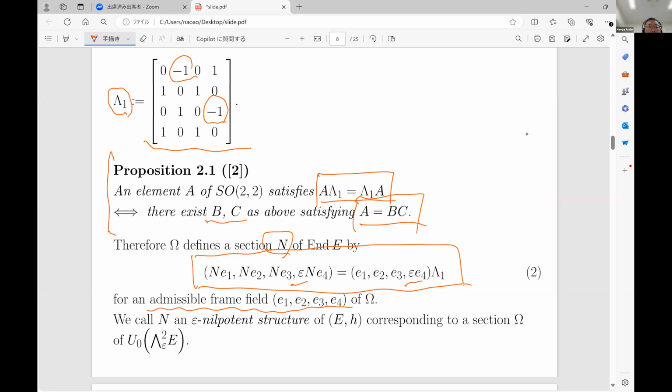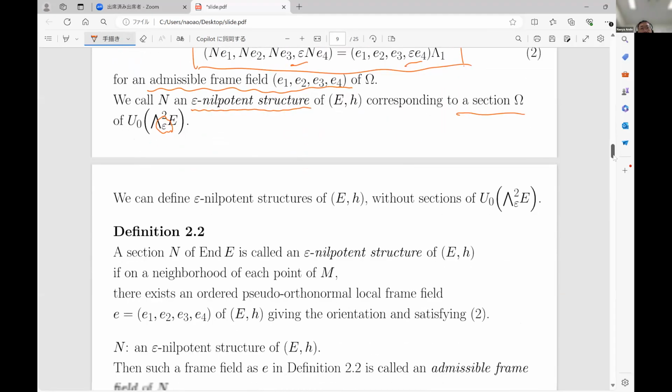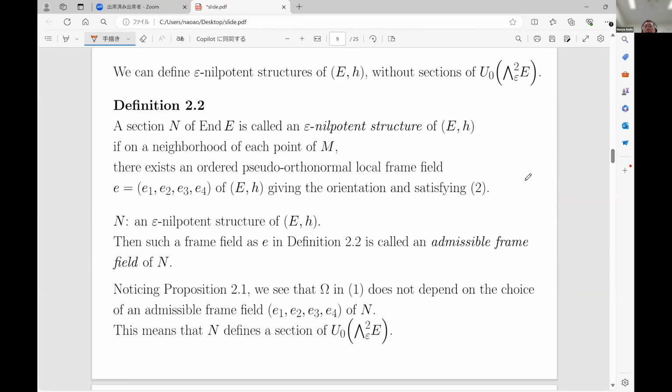We call large N an epsilon nilpotent structure of EH, corresponding to a section omega of a right-like twistor space with epsilon. We can define epsilon nilpotent structures of EH without sections of right-like twistor spaces.